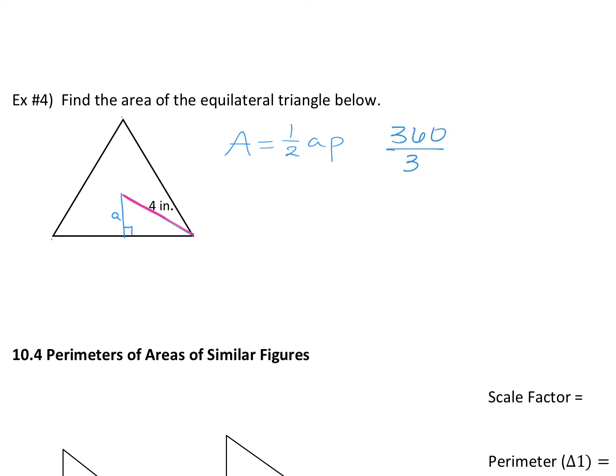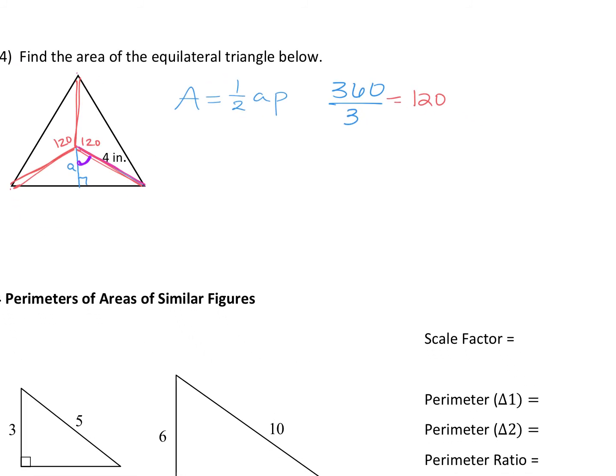Again, if you want to draw them in, you're welcome to. 360 divided by 3 is 120. So each of these angles is 120, which means this little angle right here is what? 60. You got to cut it in half. The apothem always cuts it in half. Okay, so this is a 60-degree angle.